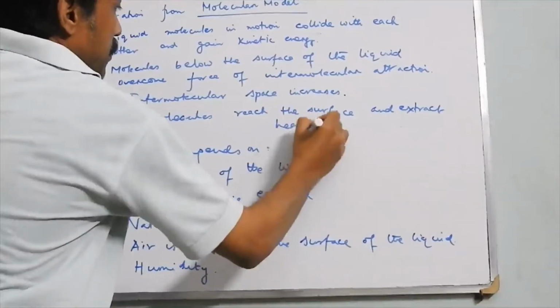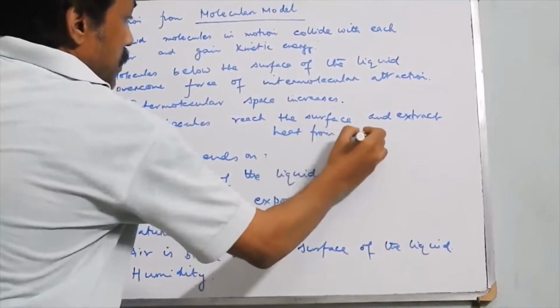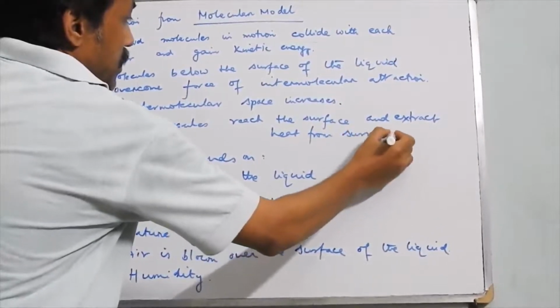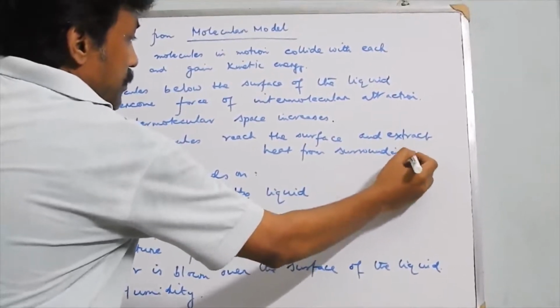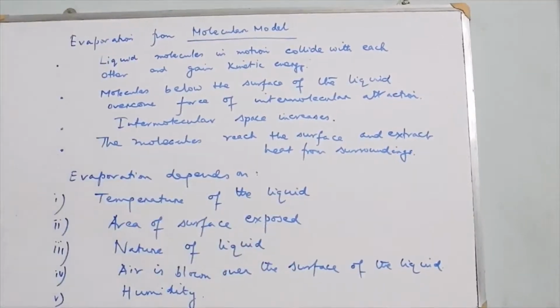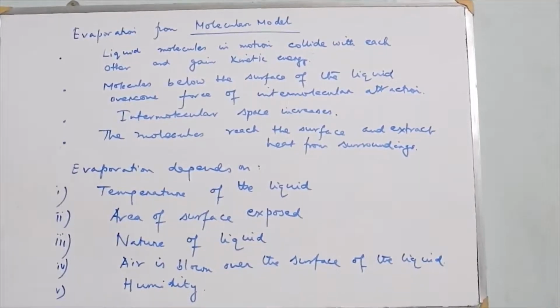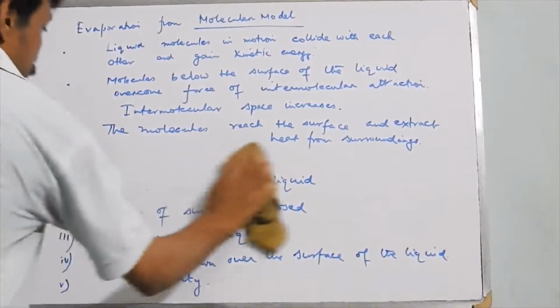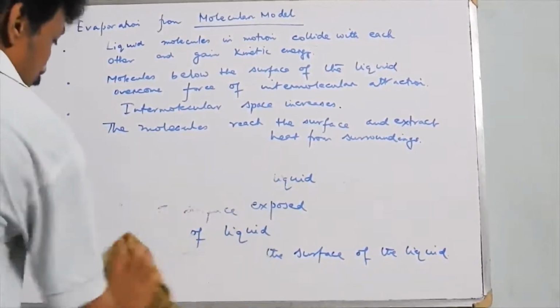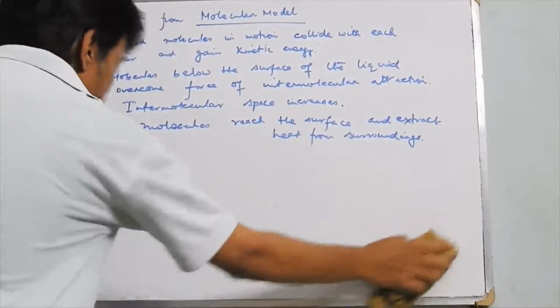On extracting heat from the surroundings, they will evaporate to the atmosphere. So this is how evaporation can be explained on the basis of the molecular model. Evaporation is a very slow and gradual process, as I have already told.